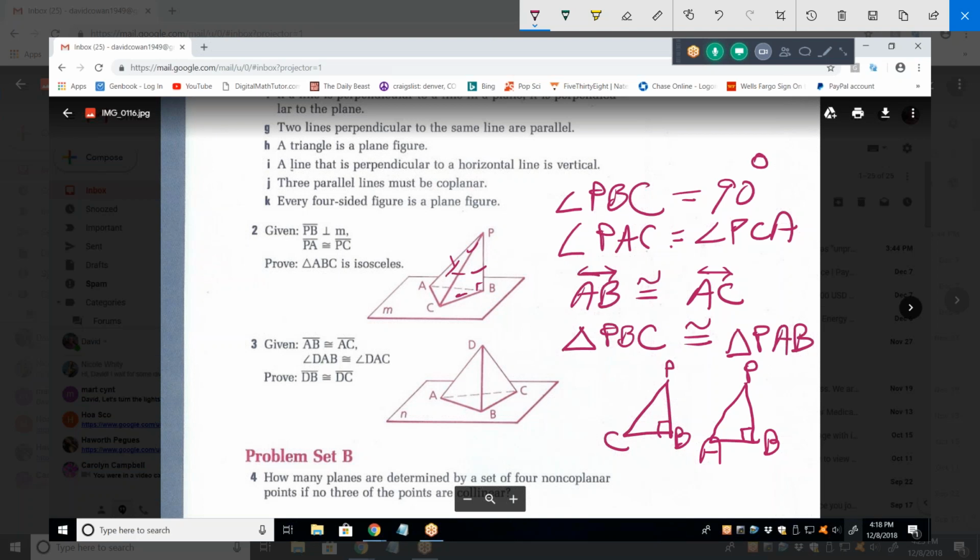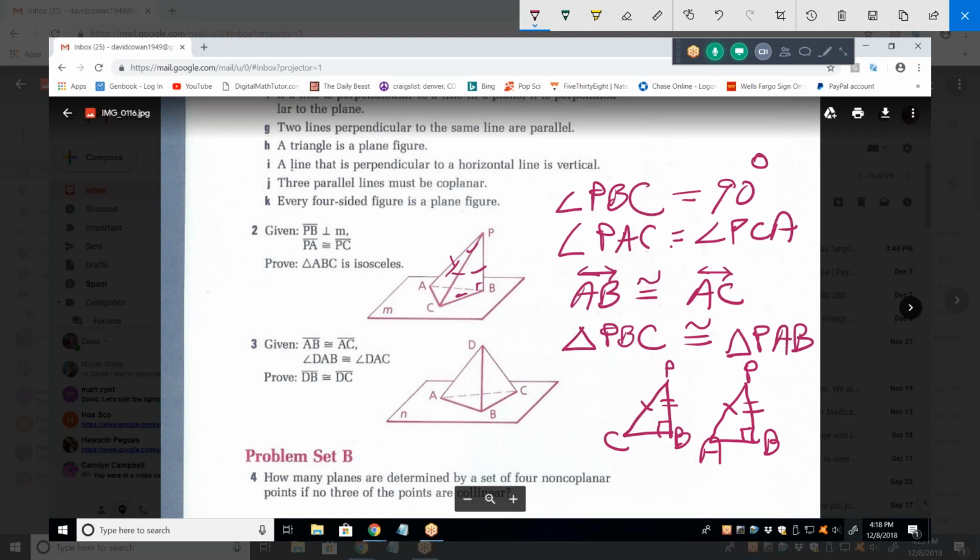And they've told us that PA is congruent to PC. Oh, and we know that PB is equal to PB because of the reflexive property. Exactly. So we have a side and a side, and in a right triangle, that's all you need.